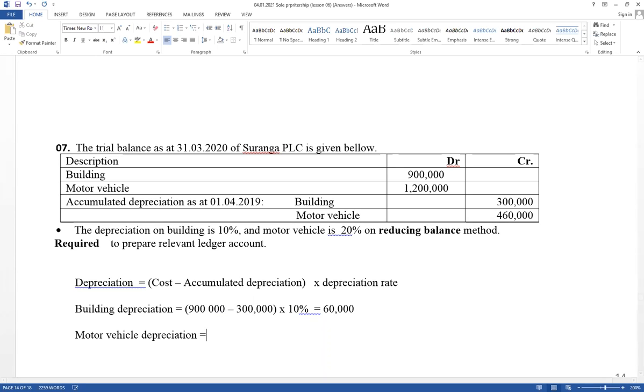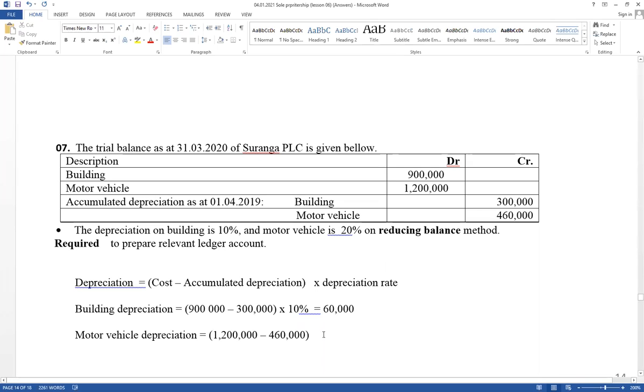Reducing balance methods. Cost value equals 1.2 million and the accumulated depreciation opening balance is given as 460,000. The percentage is given as 20%. Therefore, 1.2 million, that is the cost value, minus accumulated depreciation of 460,000, then into percentage, 20%.